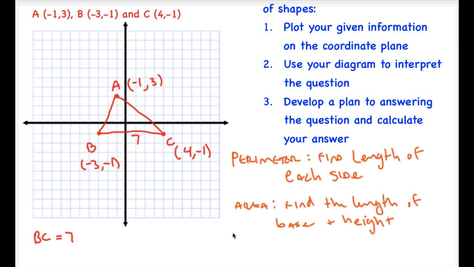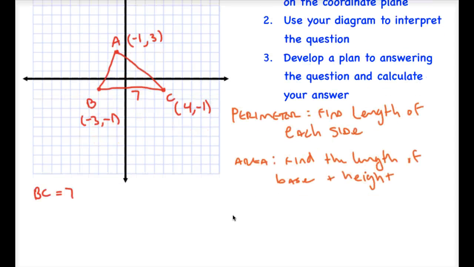Let's look at the points separately. Let's find this distance between A and B in orange, and then in green we'll do the work to find the distance between A and C, which is the third side.